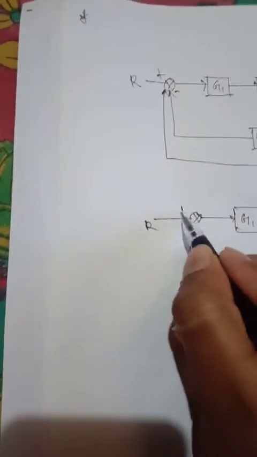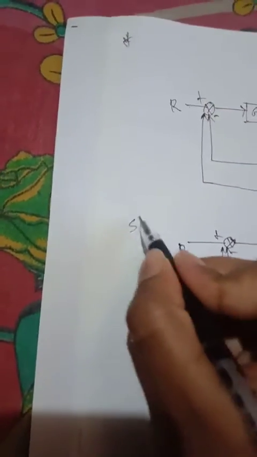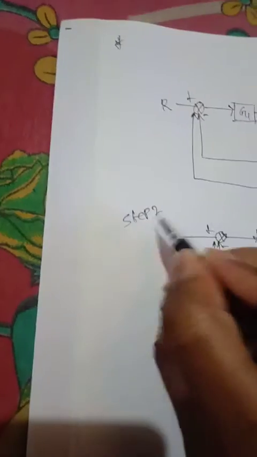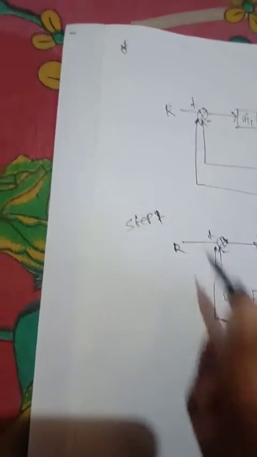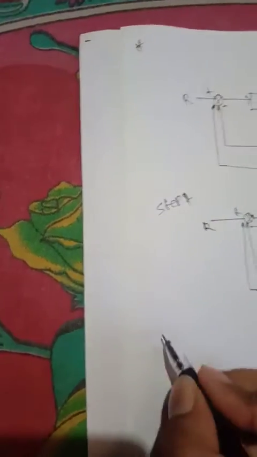R is the input, C is the output, with plus and minus signs. This is step 1.